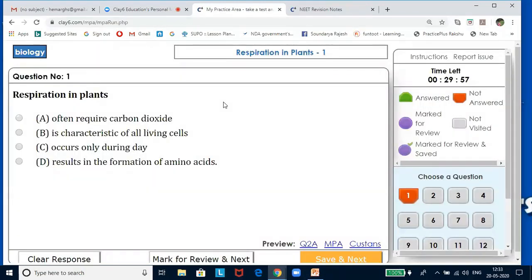So, respiration in plants is a characteristic of all living cells because it is immaterial whether it is a bacteria, if it is an aerobic bacteria, it has to respire, or even if it is an anaerobic bacteria, it has to respire. So, it is a characteristic of all living cells.